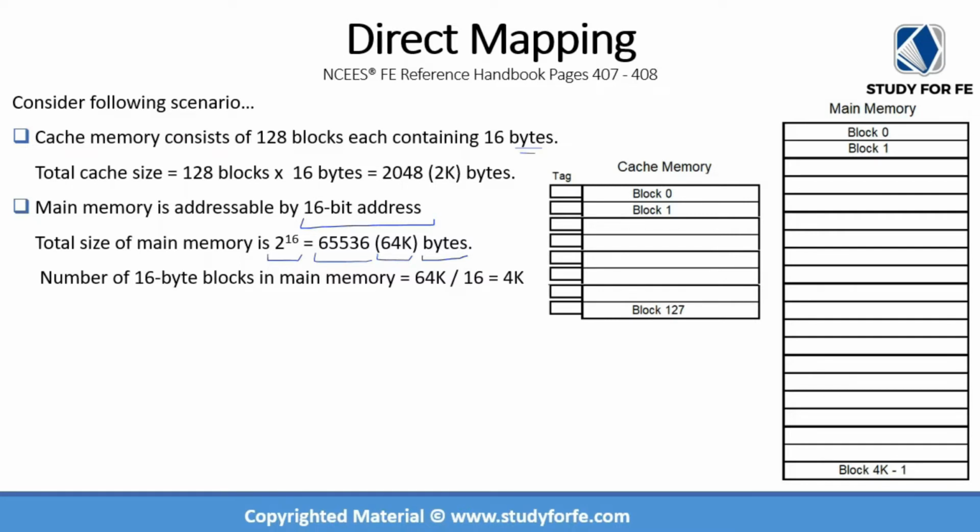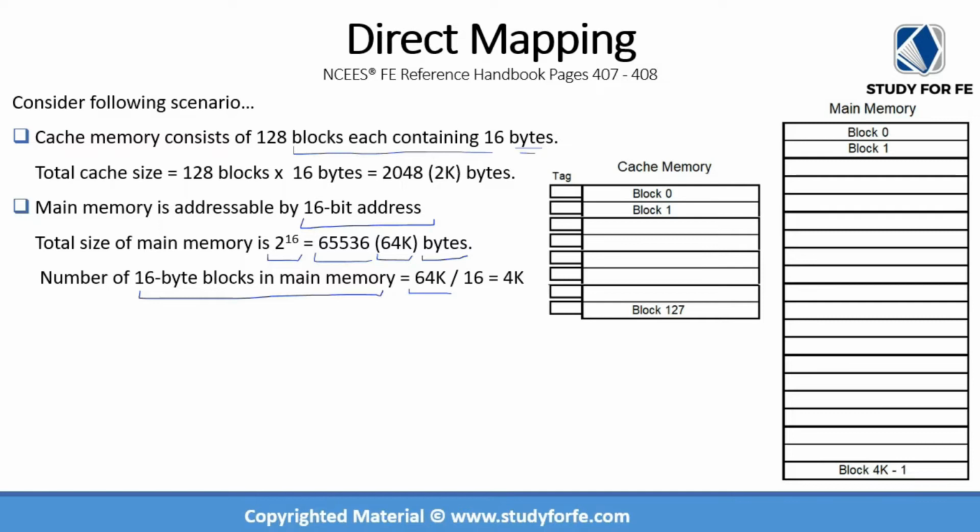How many 16-byte blocks can exist in the main memory? Now we are linking this together with the cache memory. So we have 64k bytes in total. And since the block size is 16 bytes, how many 16-byte blocks are there in the main memory? It's simple math.